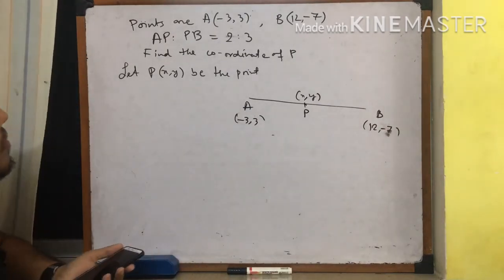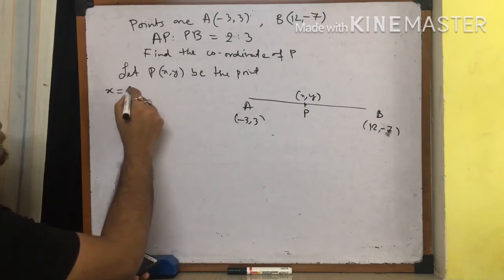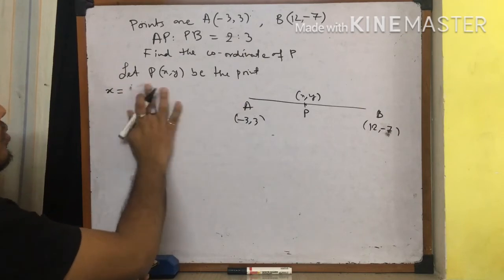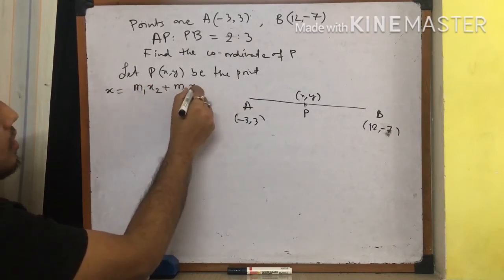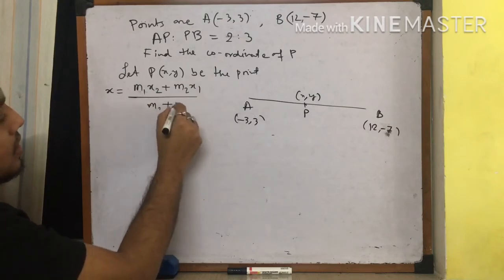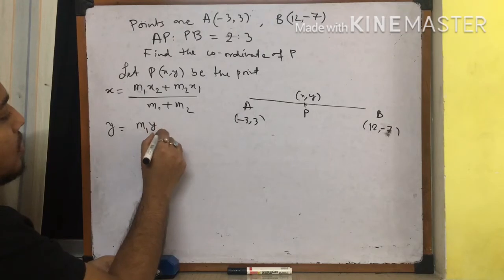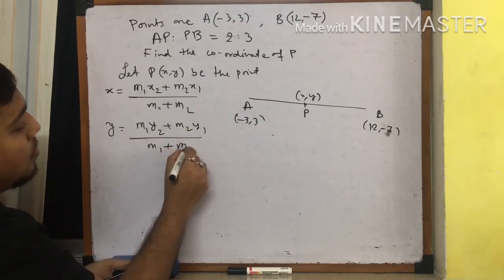And therefore P is a point, and similarly x is equal to m1 x2 plus m2 x1 by m1 plus m2, y is equal to m1 y2 plus m2 y1 by m1 plus m2.